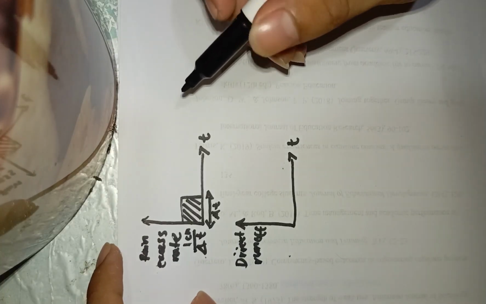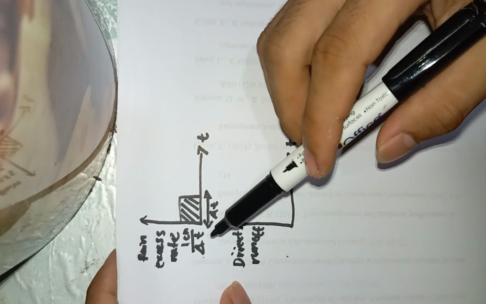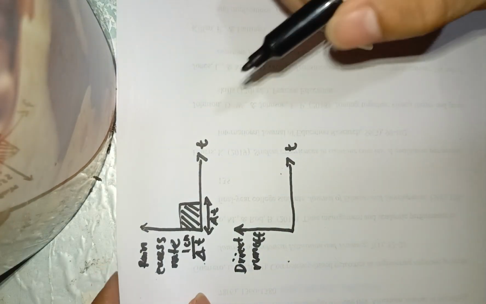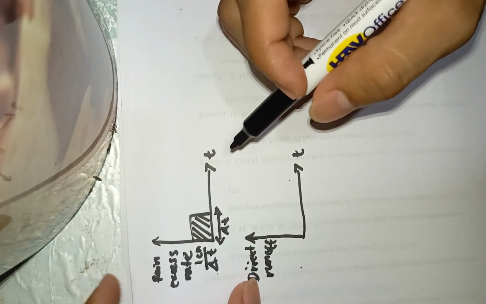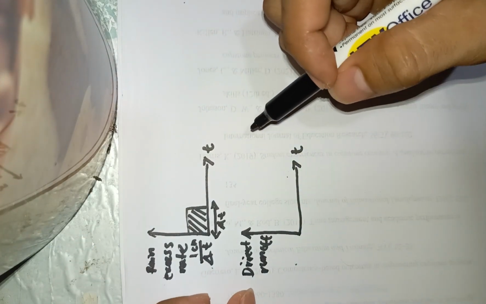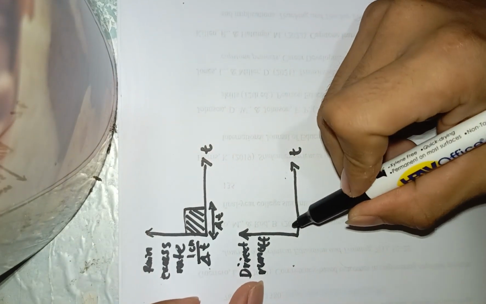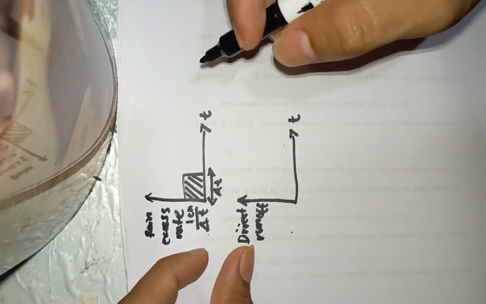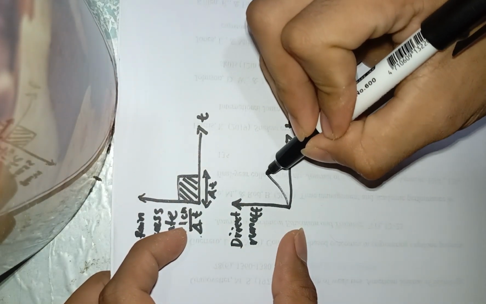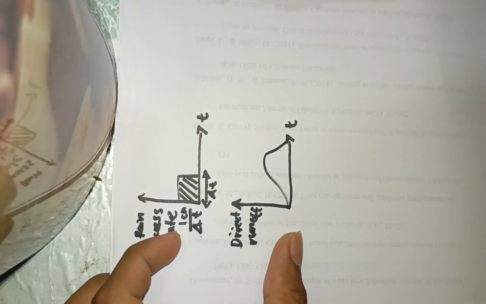So as the result of this 1 unit of rainfall excess rate, a direct runoff hydrograph will be generated over here. So the graph will look like this. Like that.